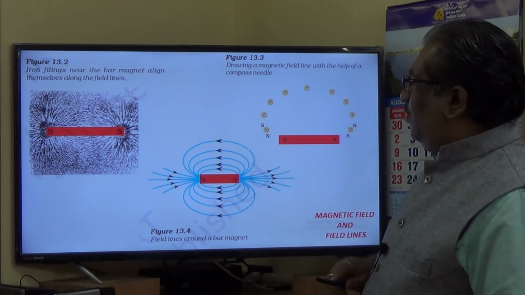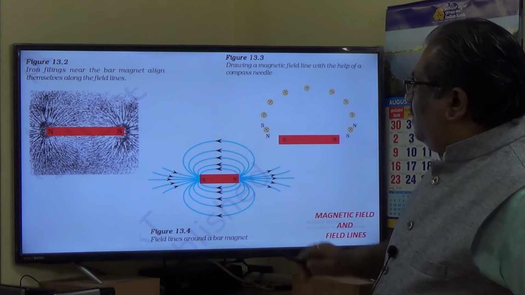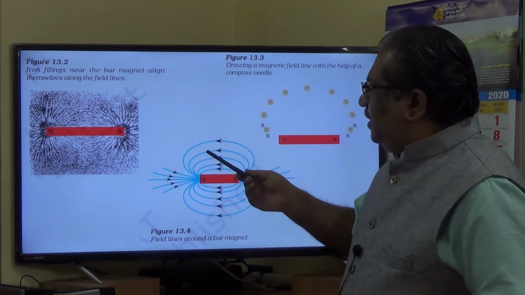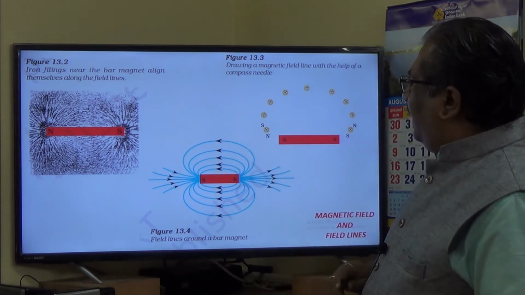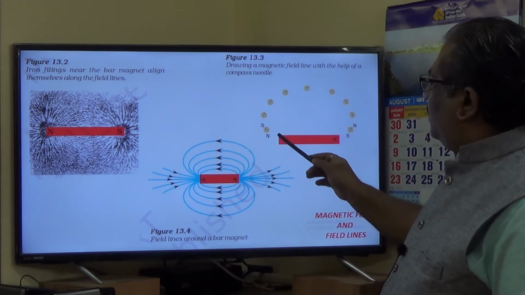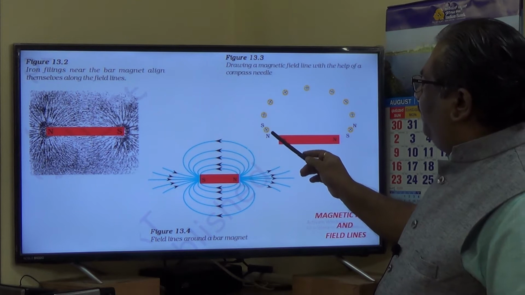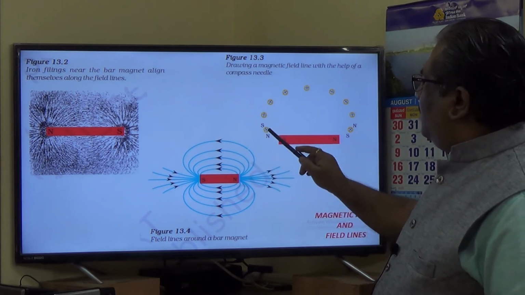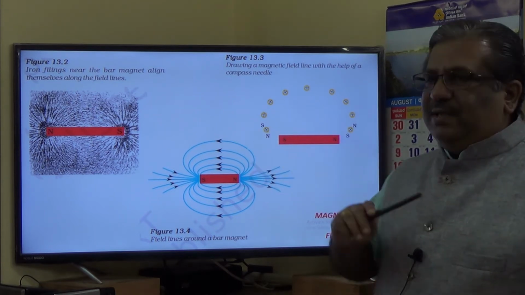That is how the field lines will be there. We'll see the video lecture on how to plot these magnetic field lines and how to identify the direction. This is the diagram given in your textbook to plot the magnetic field lines using the magnetic compass. We'll see that in the video lecture.